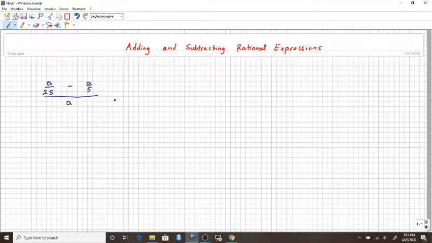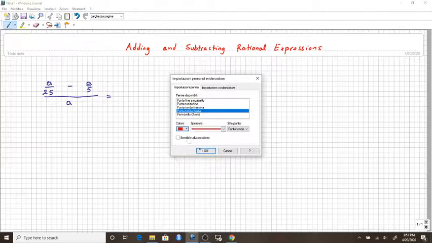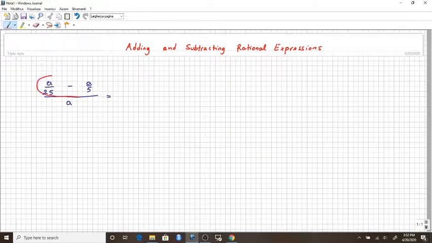Alright, so we need to simplify this, which means we need to combine the two fractions in the numerator. So what's missing? How are we going to make the two denominators equal? I'm talking about this, right? Here I have a over 25, here I have a over 5. So what's missing in this second expression? Well, we would like to have a 25, right? But we can do that by multiplying and dividing by 5.